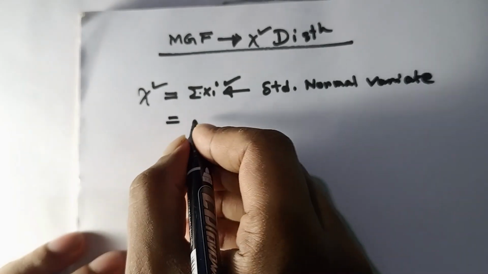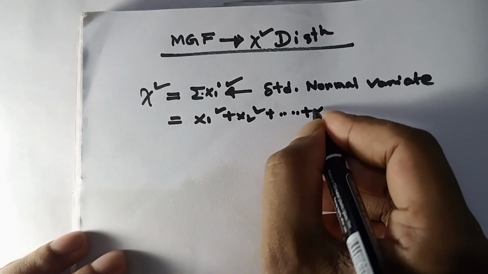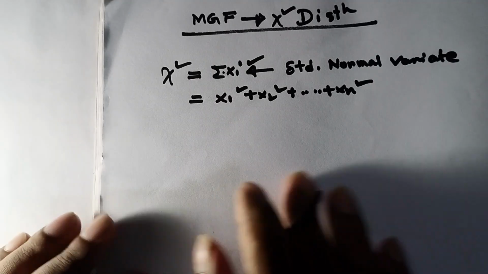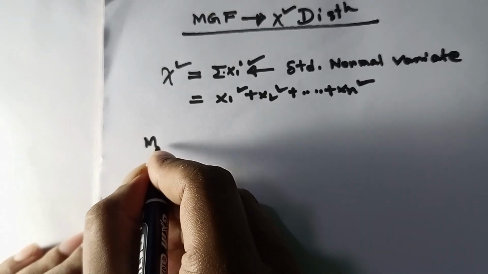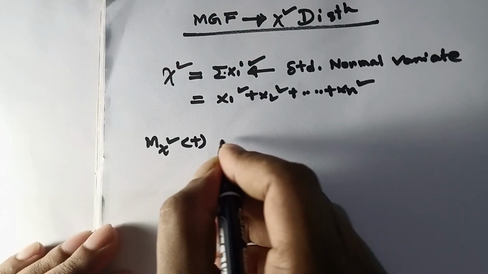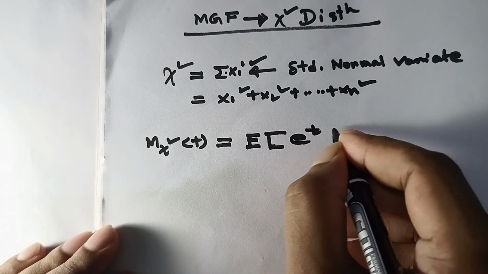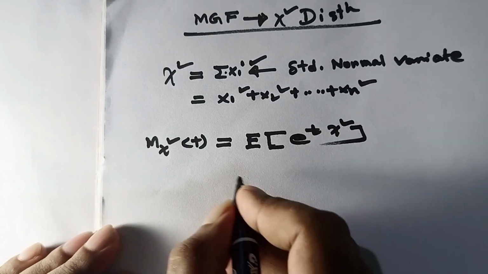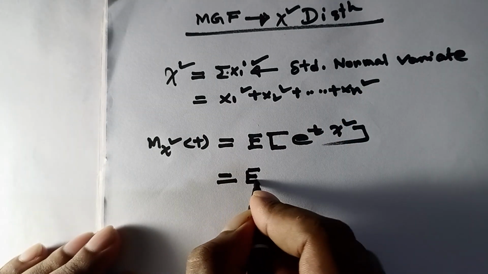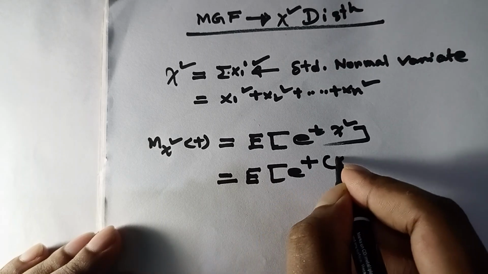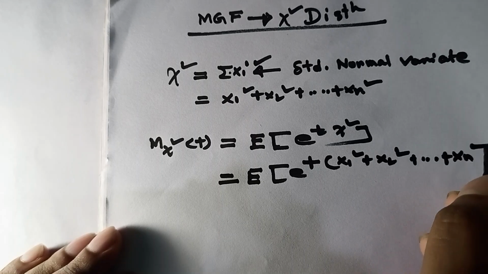If I expand this, I can write x1 square plus x2 square plus up to xn square. Now I can apply the moment generating function, denoted M of chi-square at t, defined as the expectation of e to the power t chi-square. Putting in the chi-square value, I get the expected value of e to the power t times (x1 square plus x2 square plus up to xn square).